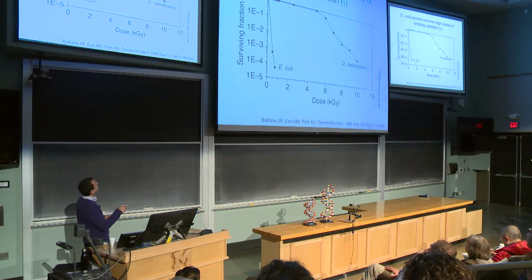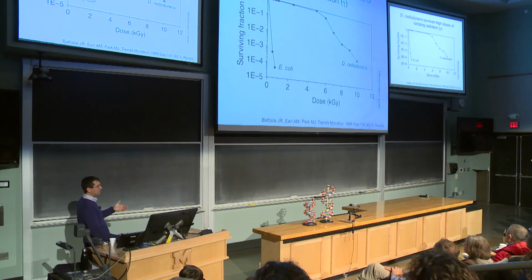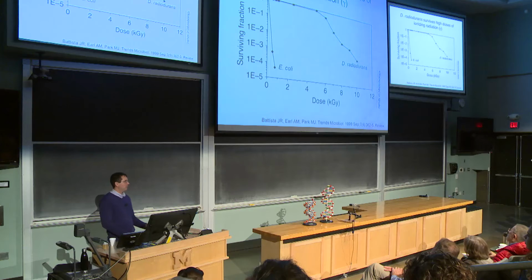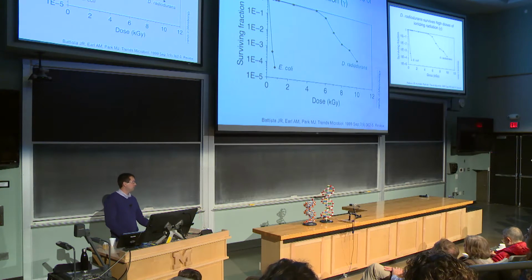Deinococcus radiodurans at that dosage will actually be growing and doubling, until you get to around the 4,000 gray mark, 6,000 and so on, when you begin to see quite a bit of cell death. So it can withstand a tremendous amount of radiation.